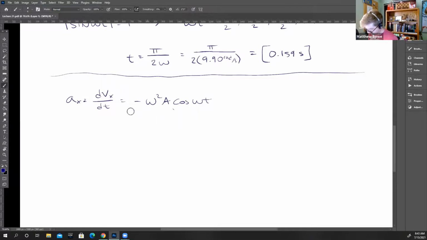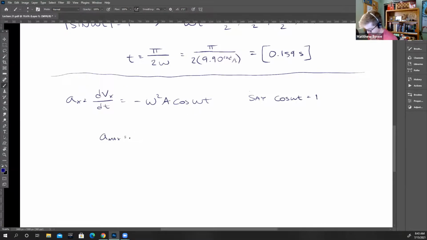So therefore we require that cosine omega t equals 1. Whenever it does, it will have its largest acceleration, its maximum acceleration.